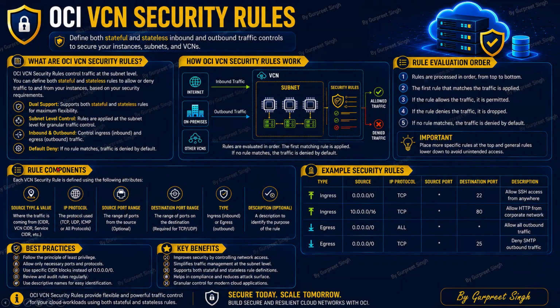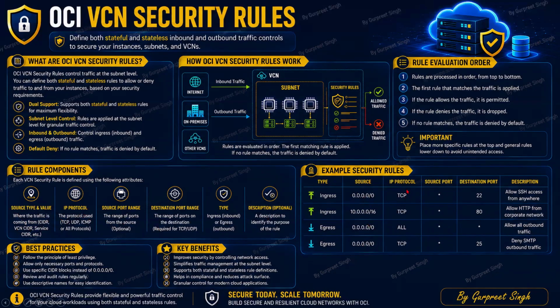These are the components of our security rules. We have the source type and the value. Here we give the IP address, or we can also give a CIDR block to designate multiple IP addresses, and here you can see how we give the CIDR block. We also give the IP protocol, which type of protocol we will be permitting.